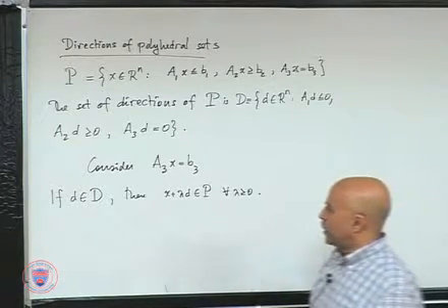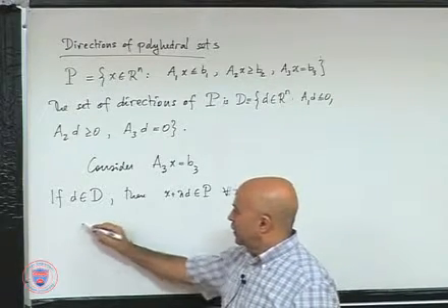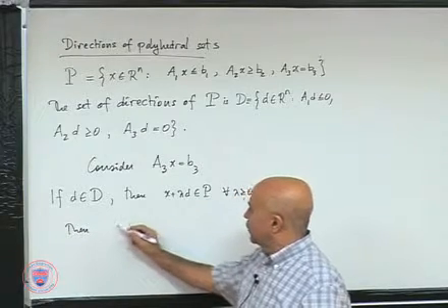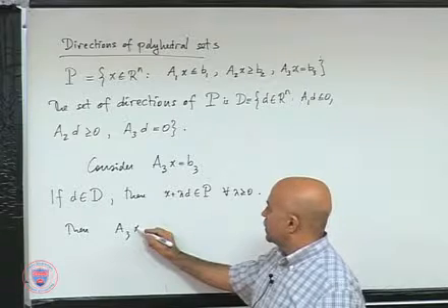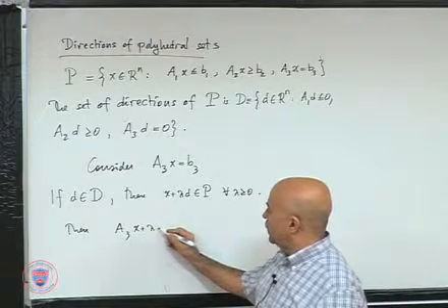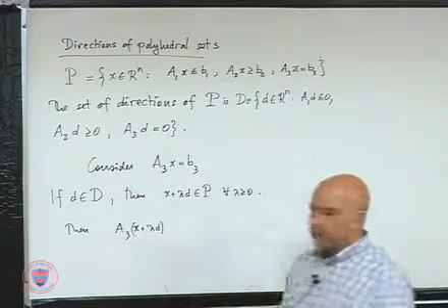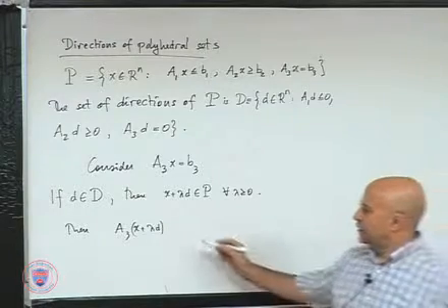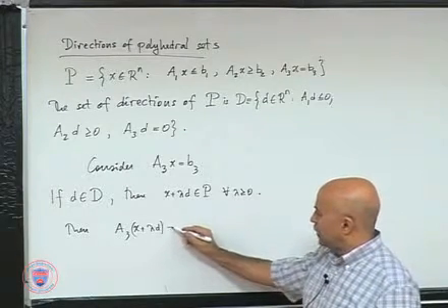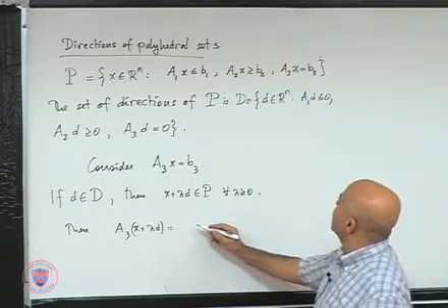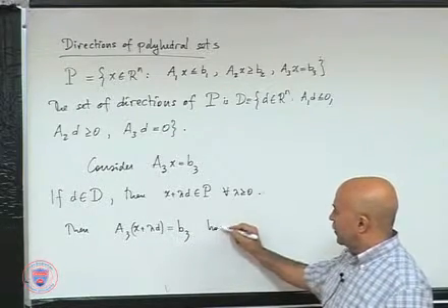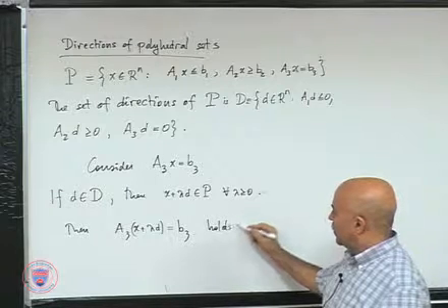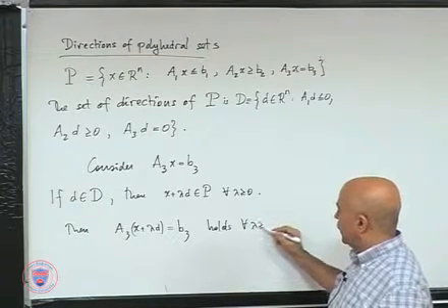Then what do we know about this? Then of course A3 times x plus lambda d must be satisfied, which means that this should hold, equal to B3, for every lambda non-negative.